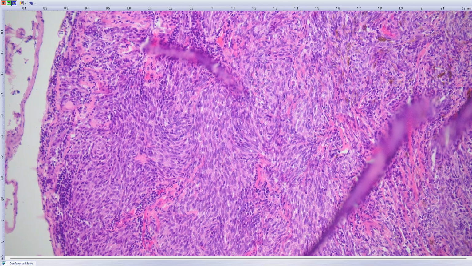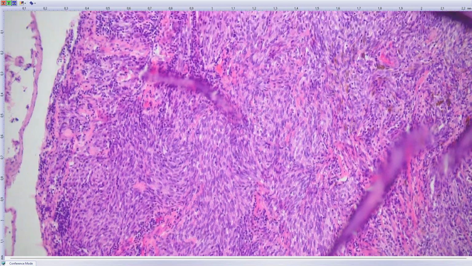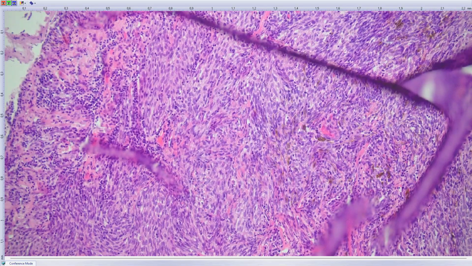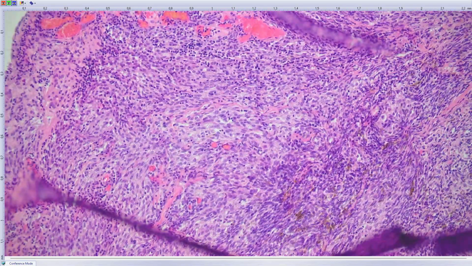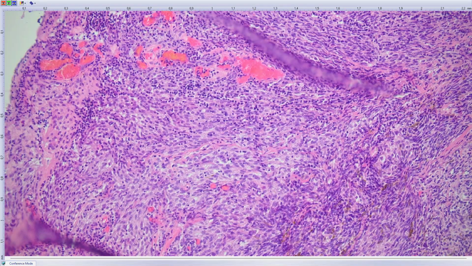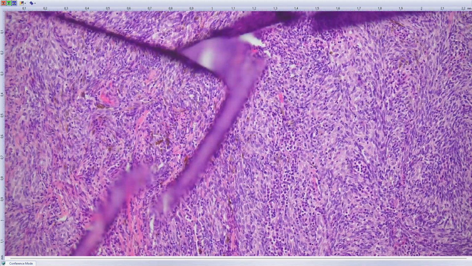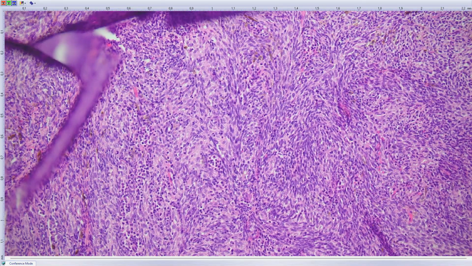So we are not sure in all cases whether it's benign or malignant. So the definitions are written in the WHO classification CNS book. So my last case is meningeal melanocytoma, not melanoma.